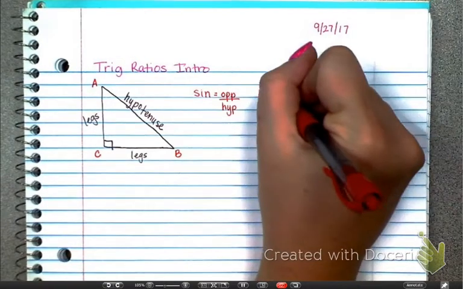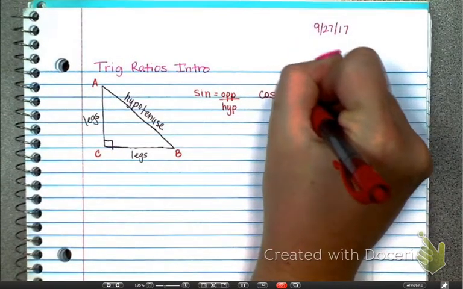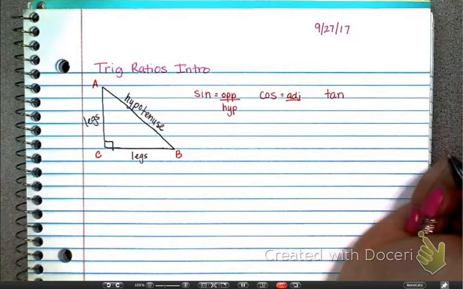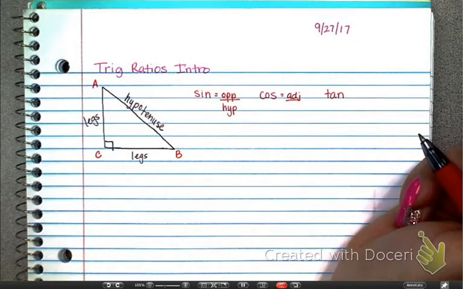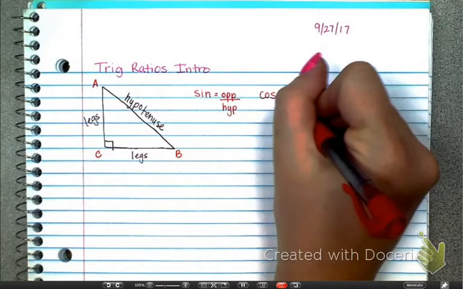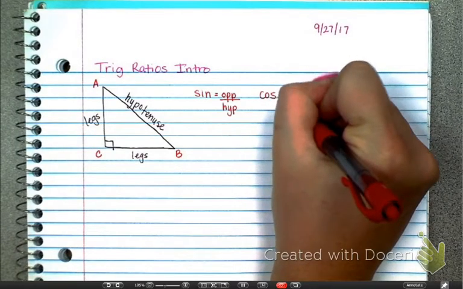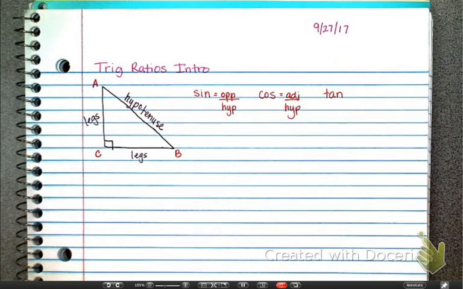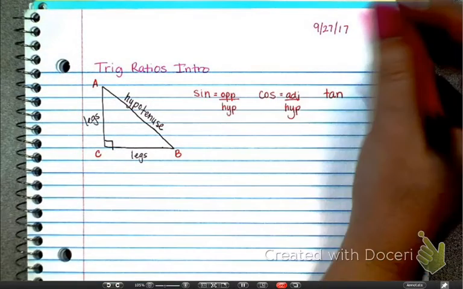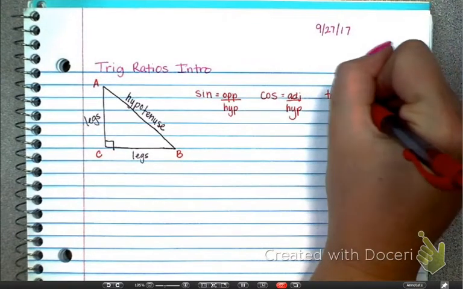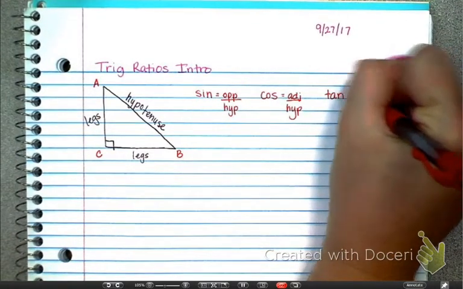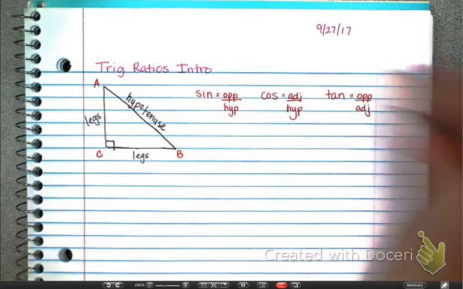Cosine is adjacent, and we talked about what adjacent meant in the last unit. What does adjacent mean? Next to. So adjacent over hypotenuse. Does anyone remember what the tangent was from the video? It was opposite over adjacent.